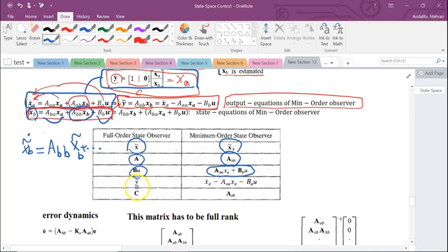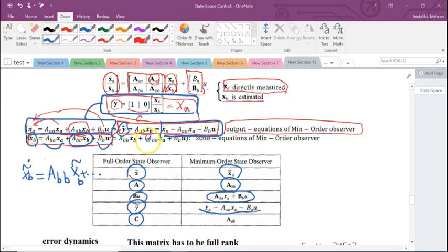What about the output? Output of the full state observer was called y tilde. Here is still called y tilde, but it's equal to what? To x dot A minus AAA x minus BA u. So that's what you can see. The C matrix back there was just called C. Here, the C matrix is what?